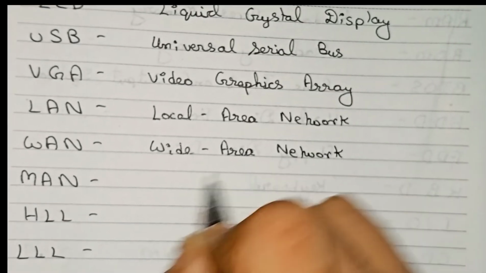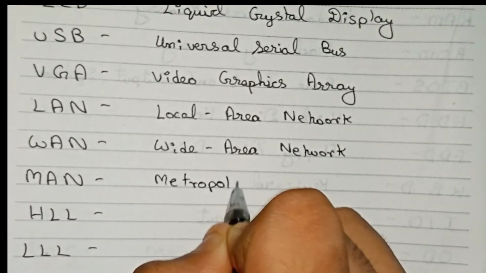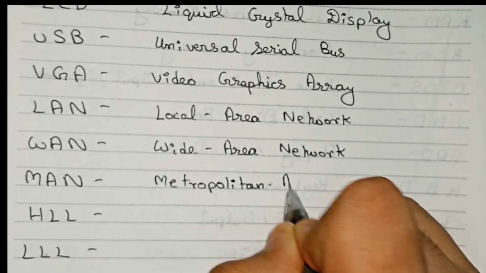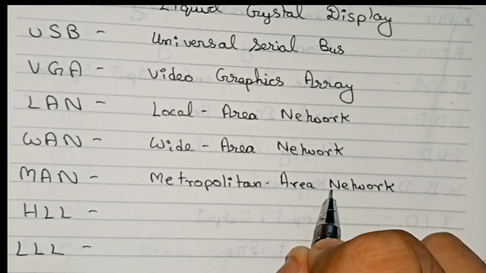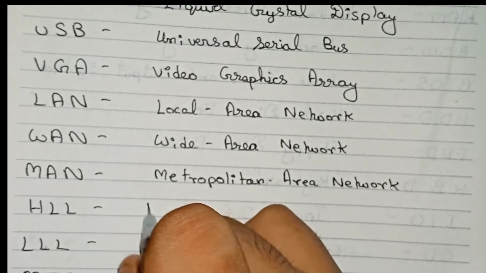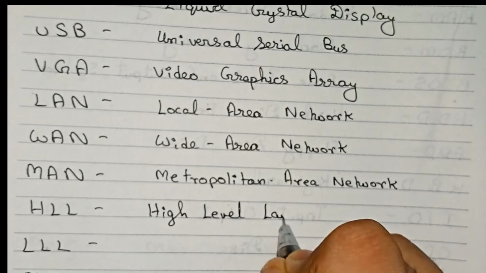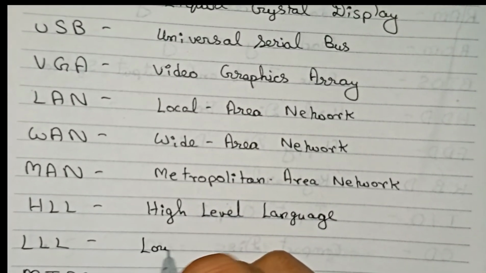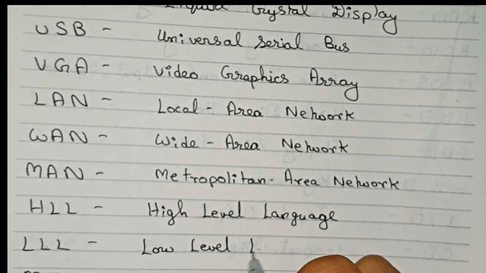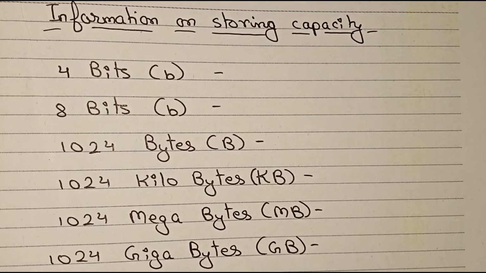Next is MAN, that is metropolitan area network. Next is HLL, that is high level language. Next is LLL, that is low level language. Next is MIPS.